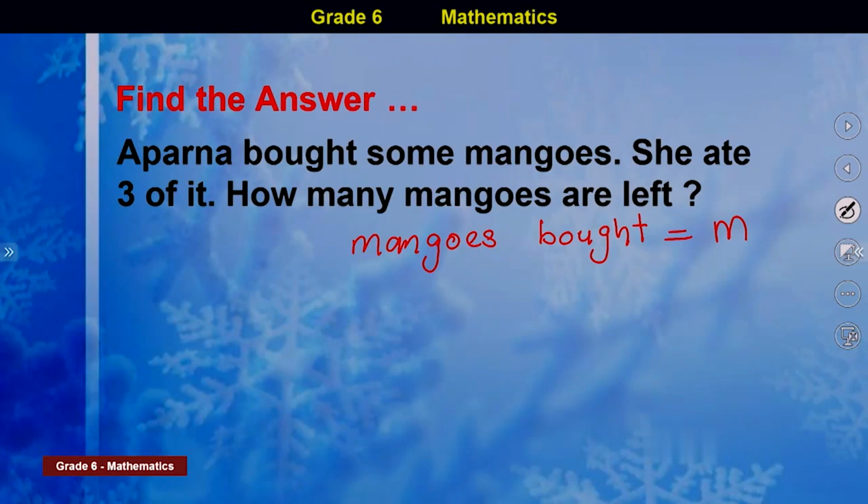Then how many mangoes are left after she ate 3? There were M mangoes. She ate 3. Then the remaining number of mangoes is M minus 3.